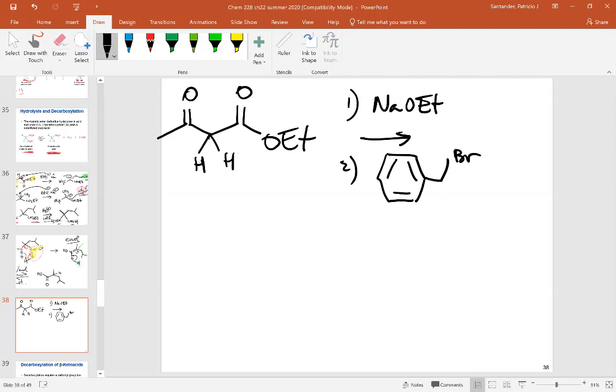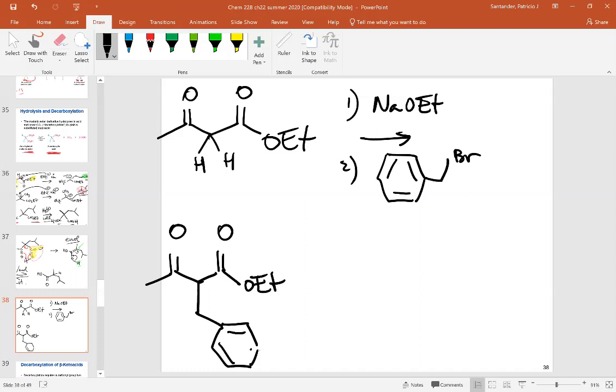So what will be my final product, my intermediate, if you will? I will get exactly the same, and I will have attached to that central carbon atom my benzyl group, right? There you go.